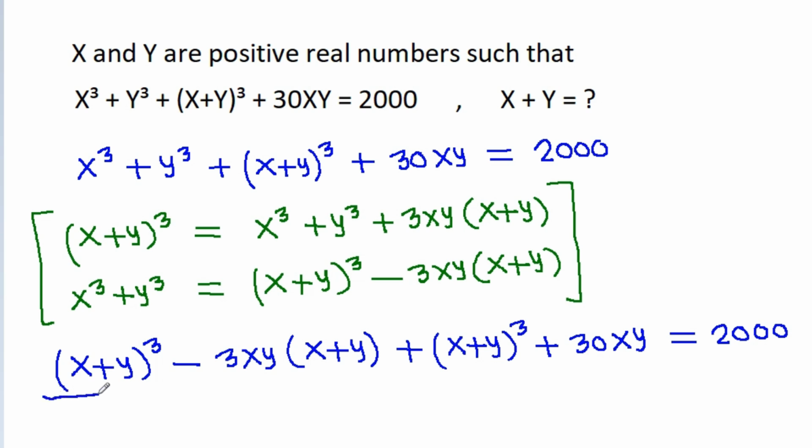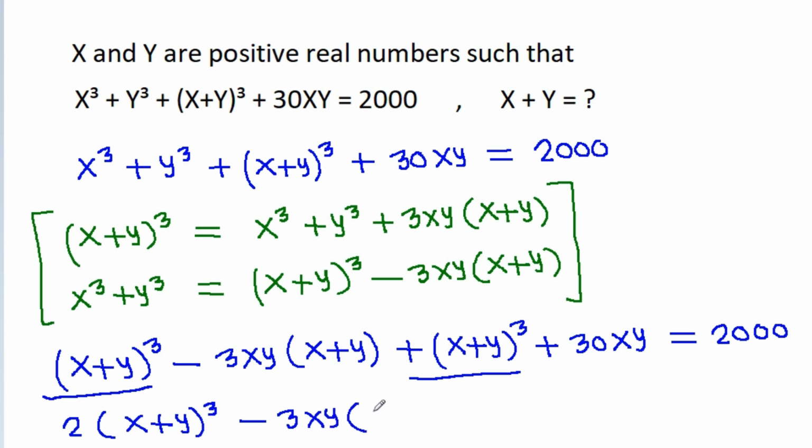And (x plus y) cube plus (x plus y) cube will be 2 times (x plus y) cube minus 3xy times (x plus y) plus 30xy minus 2000 is equal to 0.